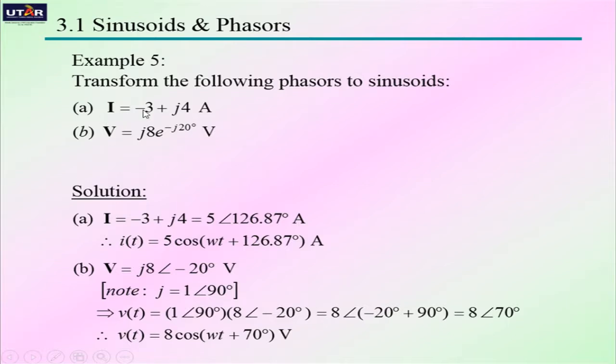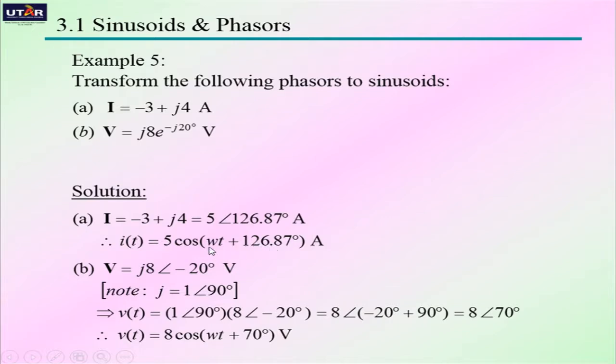If we are to change this from phasor back to sinusoid, a similar approach can be used. First, we change the rectangular form into polar form, where we obtain 5 magnitude 126.87 degree, and from here we can express it in sinusoid form, which is 5 cosine omega t plus 126.87 degree.